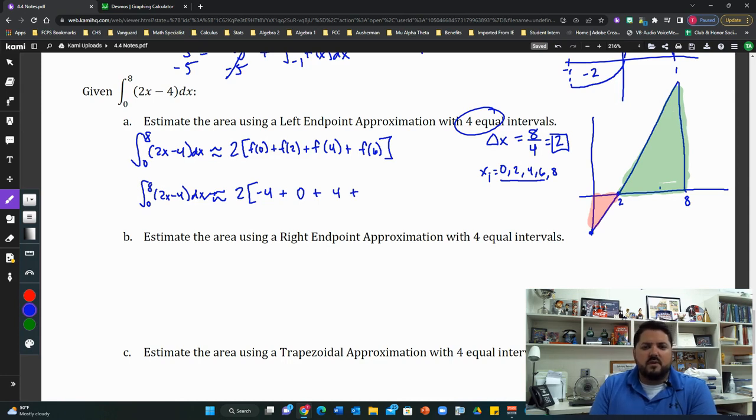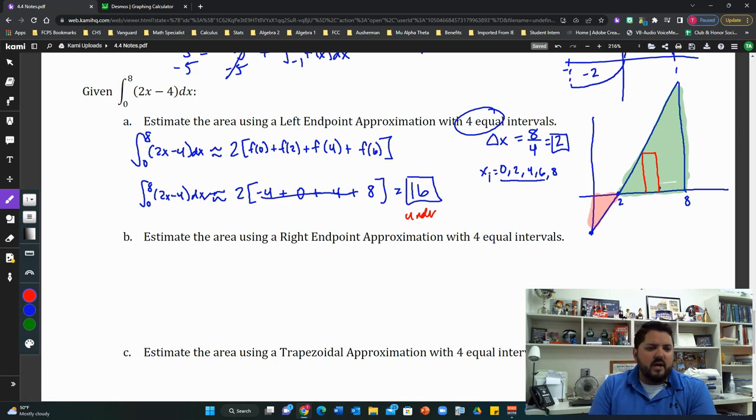And then f of 6 would give me 12 minus 4, or 8. These all total up to 8, so we end up with 2 times 8, or 16. Now visually, remember, we can decide, is that left endpoint an over or underestimate? Well, because this graph is increasing, a left endpoint will stay below the graph. So this is an underestimate, okay?